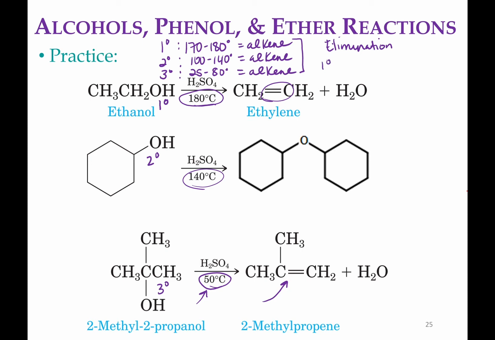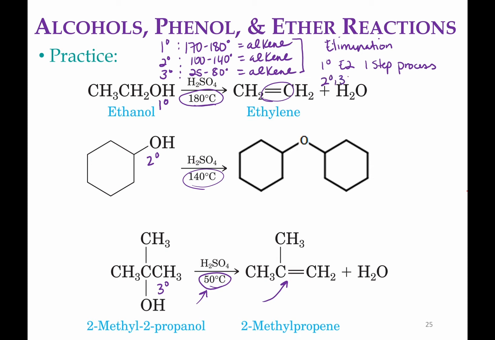Primary alcohols are the most difficult to undergo this because they undergo what's known as an E2, or elimination type 2 reaction, which is a one-step process. The reaction has no unstable carbocation intermediate, but it's difficult for those primary ones to undergo.